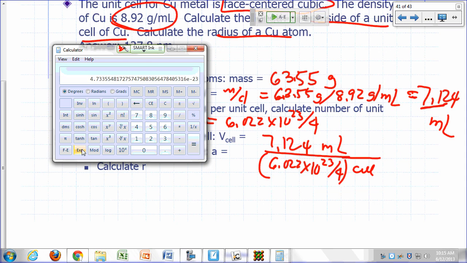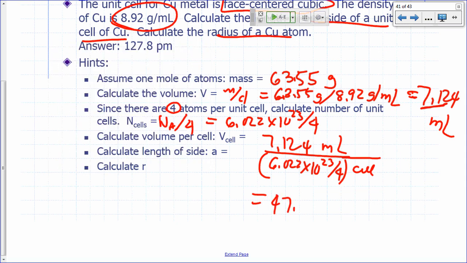So that's 4.734, 3 sig figs, times 10 to the negative 23rd milliliter.